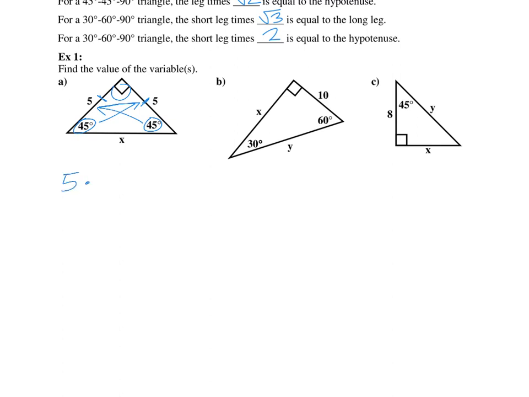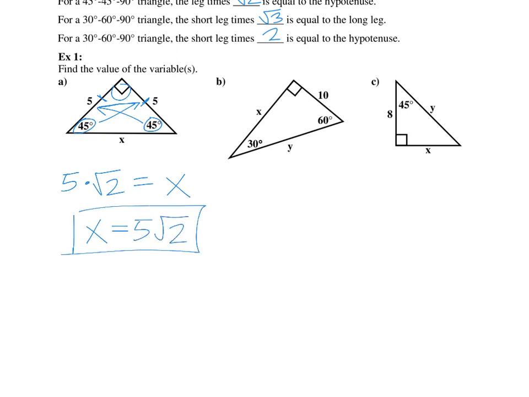You multiply it by the square root of 2, and that's equal to the hypotenuse, which in this case is x. So x is equal to 5 square root of 2. Once you know these properties well, you can figure out the side lengths super fast without having to apply the Pythagorean theorem.